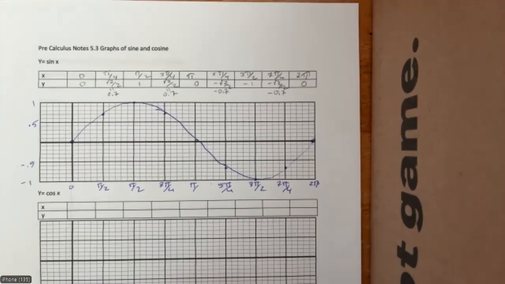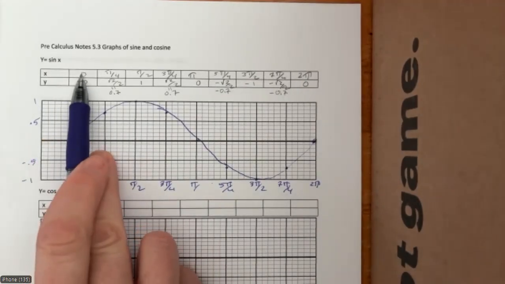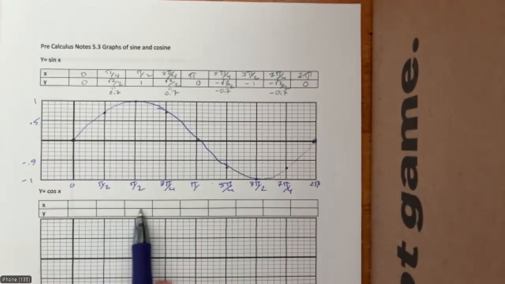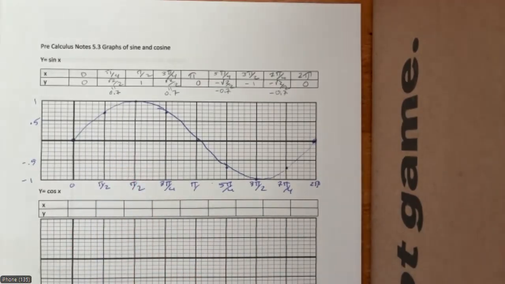So now we're going to do the same thing for cosine of x. I want you to pause the video, fill in the same angle values in the top row, and then fill in the correct output values down here. And then you're going to want to do the approximation for the square root of 2 over 2 values with the 0.7. So pause the video and then take a look to see if you got those correct.